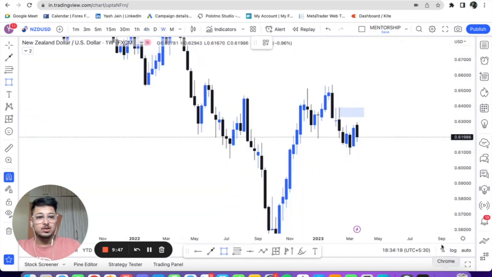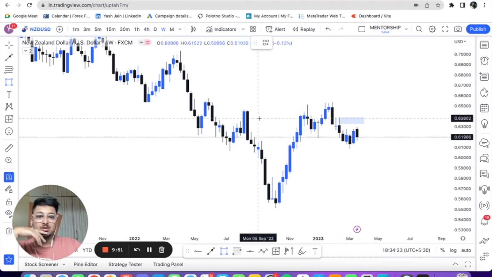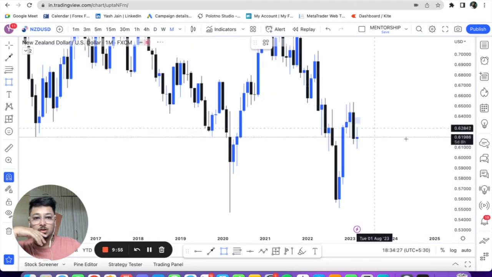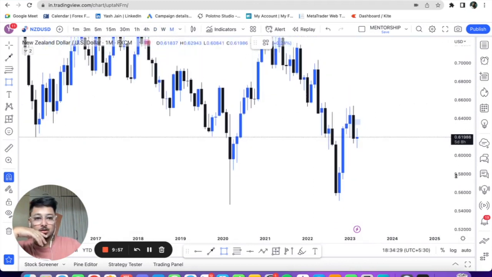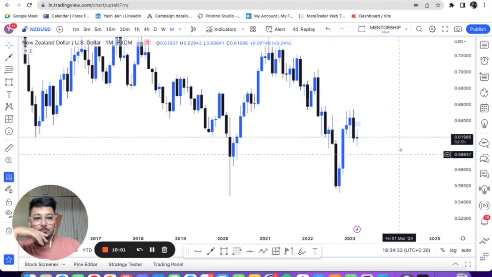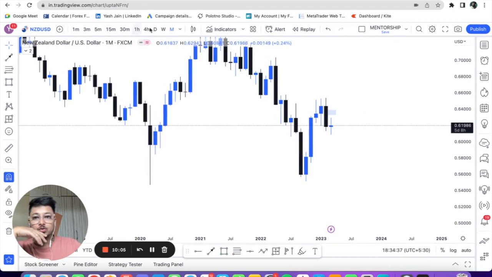Let's go on a weekly. Okay, this is very sideways price action. On a monthly. Yeah, looks weak.